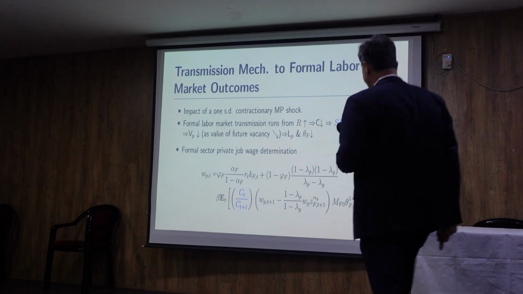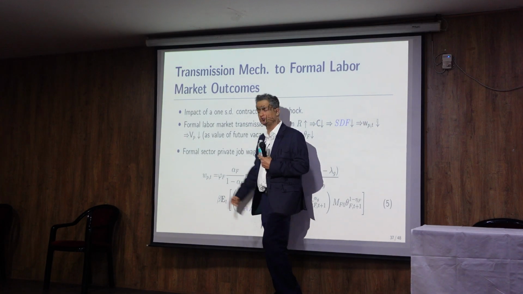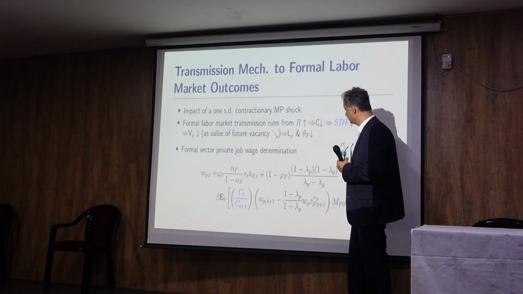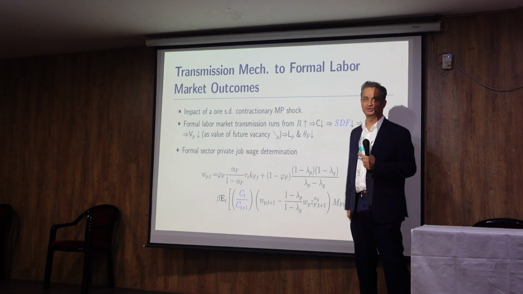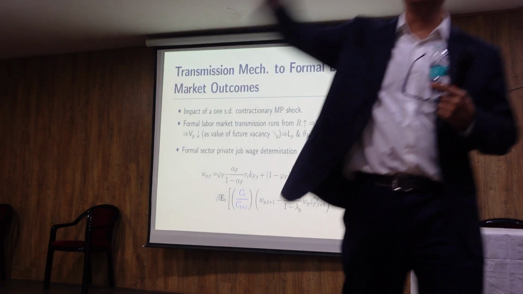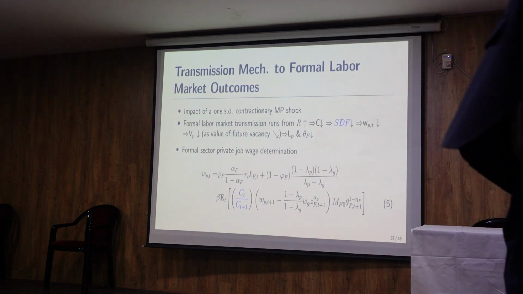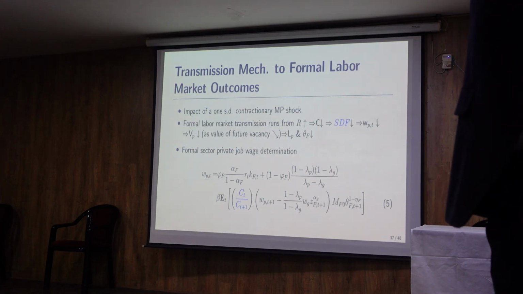But in Nash wage bargaining, the private wage that a worker is going to get depends on various terms. One of the terms comes from the indifference curve. Everybody understand an indifference curve? There's C_t and C_{t+1}. If you have a lot of C_t, what's your marginal rate of substitution?